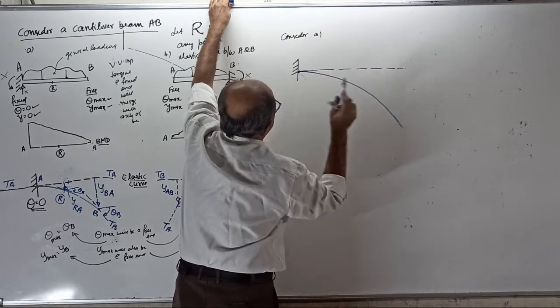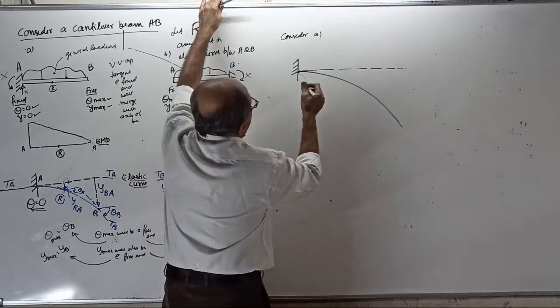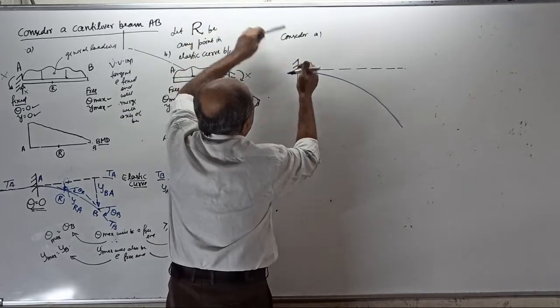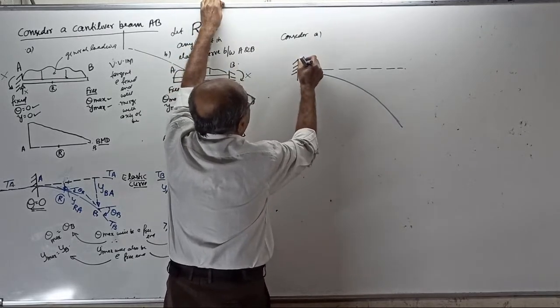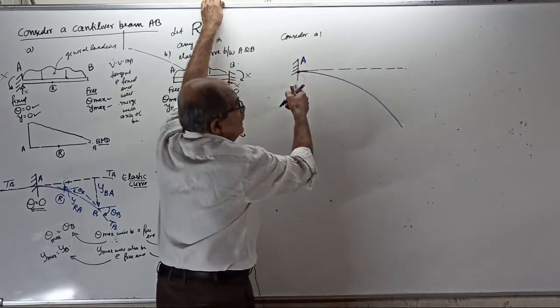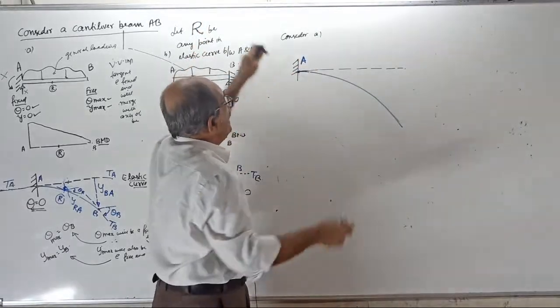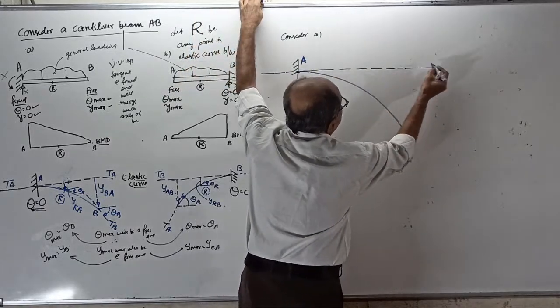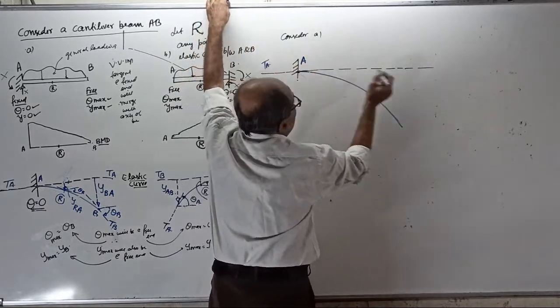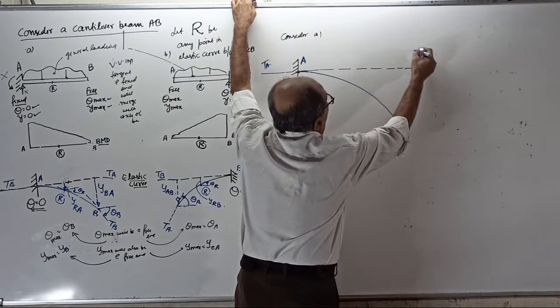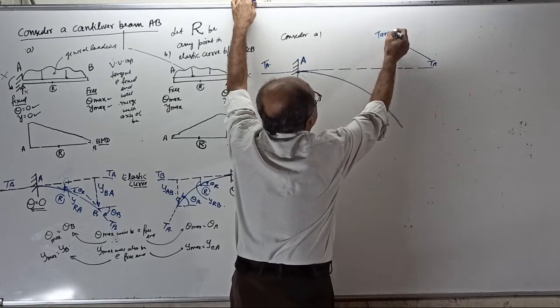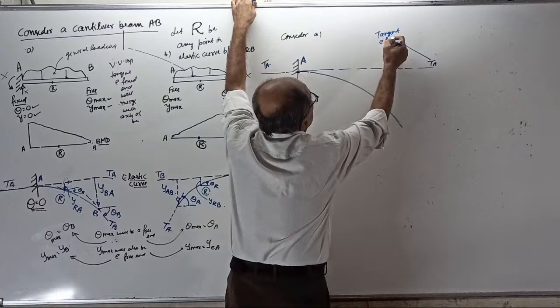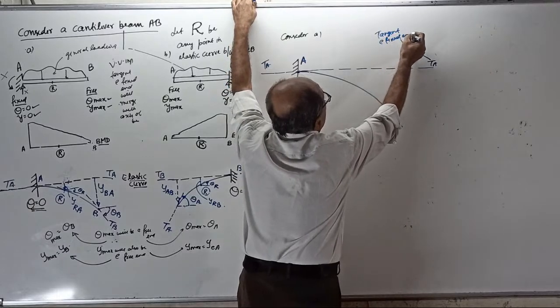Okay, elastic curve. Now, very important: A will remain here only. Why? Because the elastic curve point and the original point tally. And a thousand times I told you, this is the tangent at A, or the tangent at the fixed end. Don't memorize it by heart as A; it is the tangent at the fixed end.